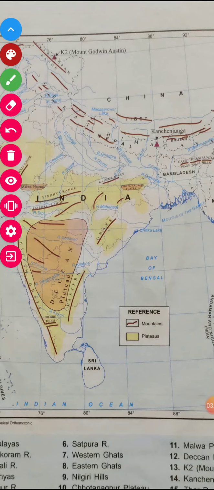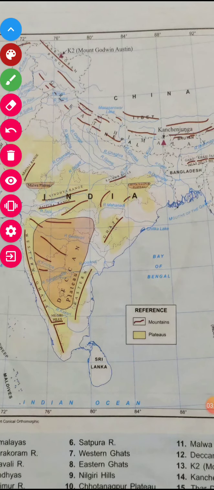You can see over here, starting from Jammu Kashmir, passing through Himachal, then Uttarakhand, Nepal and Sikkim, then Arunachal Pradesh. In a curved position there lies the greatest range of the world, Himalayas.